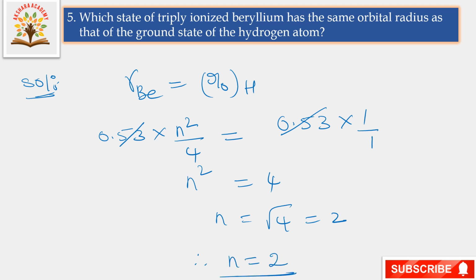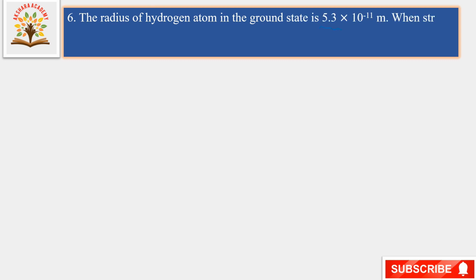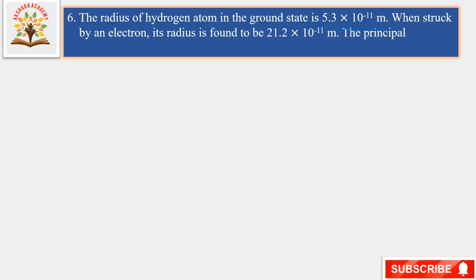Okay, next we will go to the next. The radius of hydrogen atom in the ground state is 5.3 into 10 to the power of minus 11 meters. When struck by an electron, its radius is found to be 21.2 into 10 to the power of minus 11 meters. The principal quantum number of the final state will be. Now let us go to the solution.